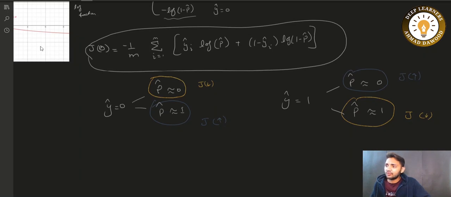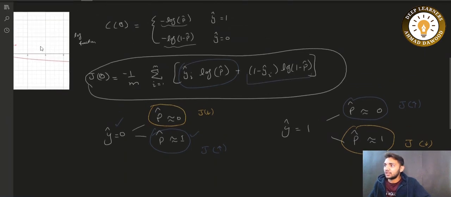Let's say in the case of y equal to 0 and probability closer to 1, this term becomes 0. Now you will have just this as a cost function. And 1 minus y cap and y cap is equal to 0, so it will become just this one. Your cost function will become this one.